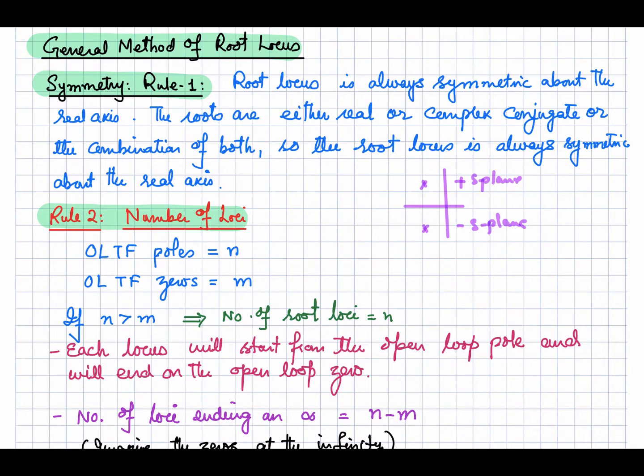So if the number of poles is greater than the number of zeros, the number of root loci is always equal to n, but out of those, n minus m root loci will go towards infinity, because the number of poles n is higher than the number of zeros m, so some poles will move towards zeros sitting at infinity.